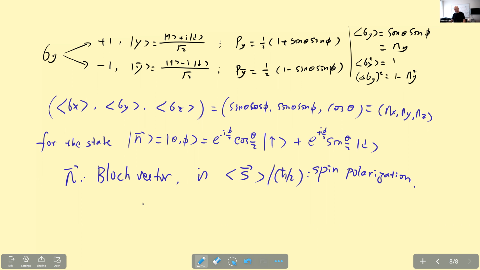Okay, right. So that is the very nice thing about this quantum measurement of a spin half. Okay. How about we take a break right here, and then we can consider the evolution of the spin half. It's also very interesting.